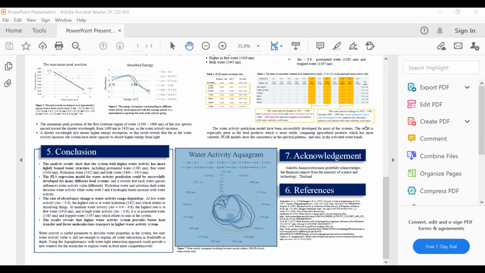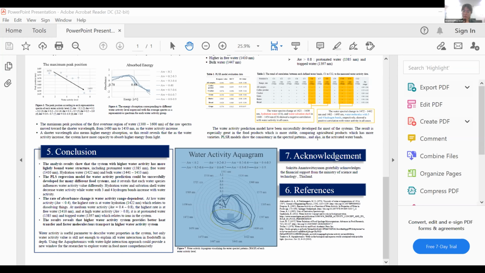Where else can your results be applied? You mean for other types of study in general, right? So from this result, we can see that as the water activity increased, the highest rate of absorbance also changed. So this result could be applied in microorganism and water structure studies, and I would also like to see the possibility and the properties of water in other systems.